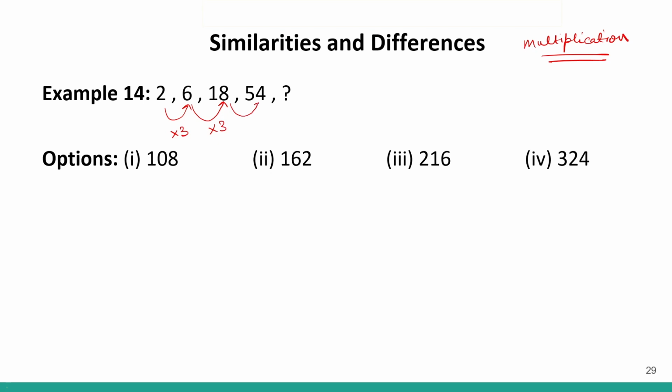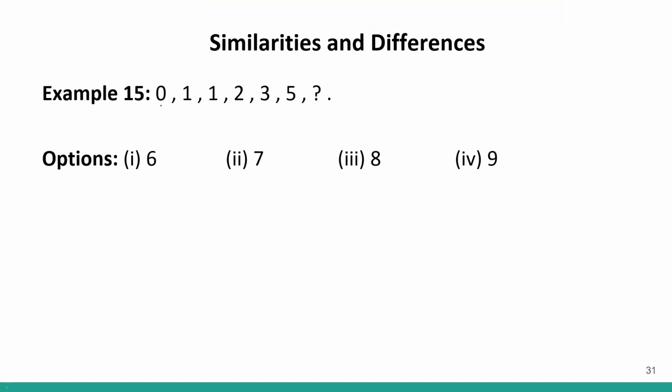From 18 to 54 is also multiplication by 3. So now I have to multiply 54 by 3 to get the next missing element. If I multiply 54 by 3, my answer will be 162, which is option number 2. So option number 2, 162 will be your correct answer.